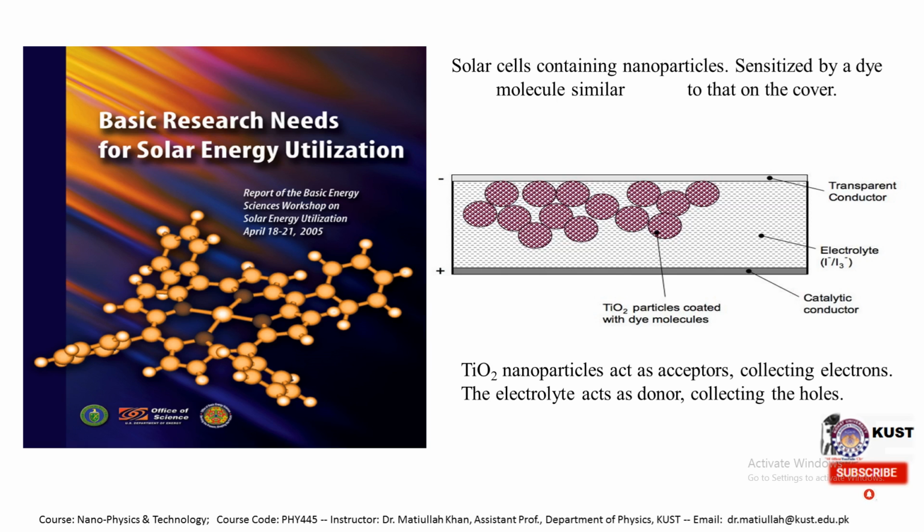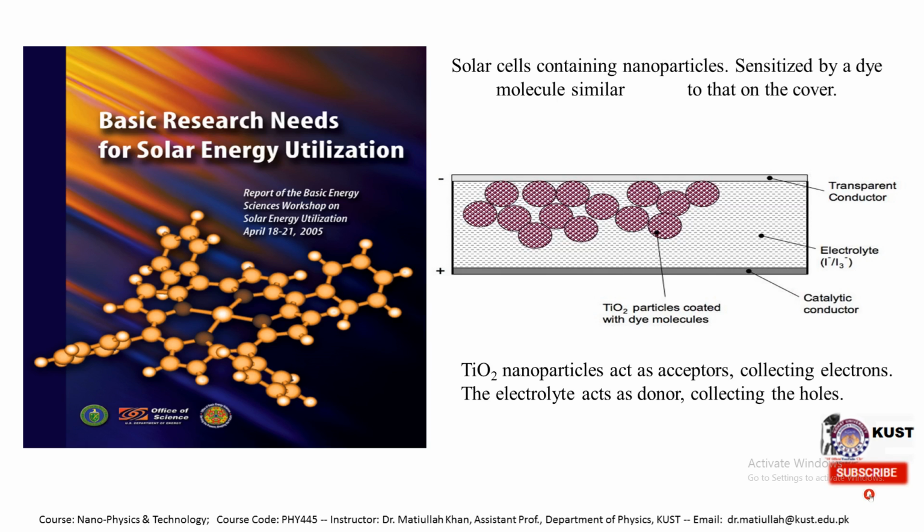In dye sensitizing, a particular dye is used to sensitize the semiconductor and reduce the band gap or create some levels in the band gap of that semiconductor material, shifting the absorption edge and leading to improved absorption efficiency, thereby increasing the efficiency of the solar cells.